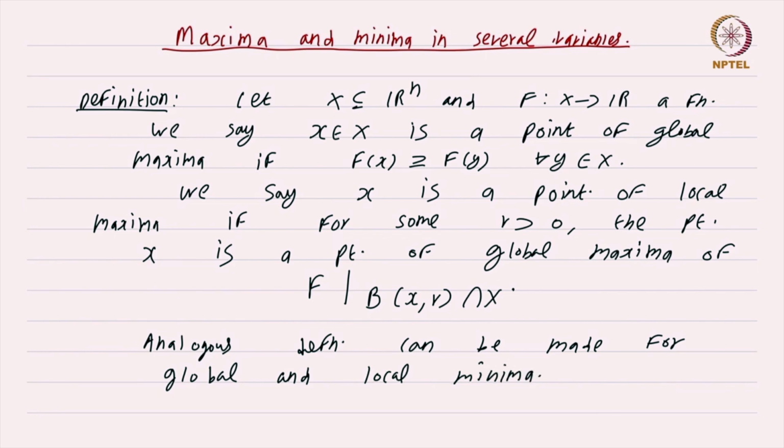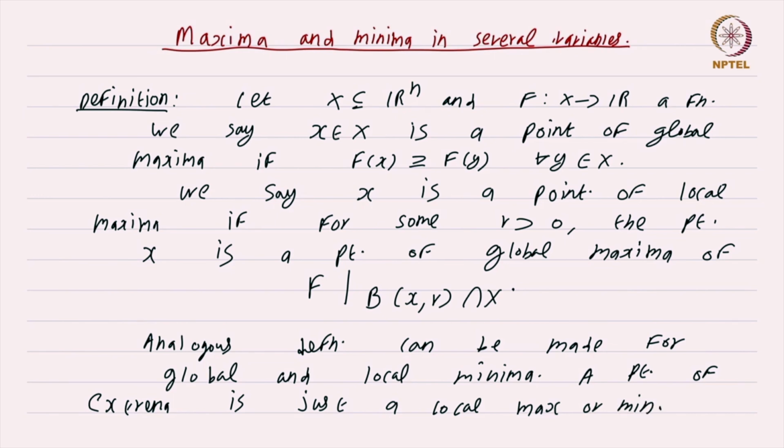Now you would have already solved an exercise in the previous set of lectures when we studied differentiation in R^n, about a point of extrema, that is a point of maxima or minima. A point of extrema is just a local maximum or minimum. Such points are called points of extremum or extrema.